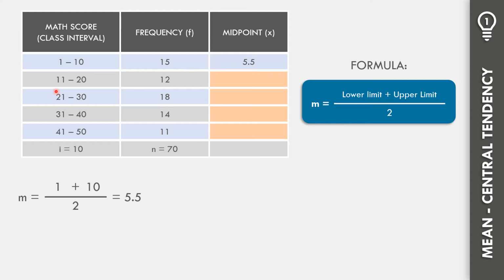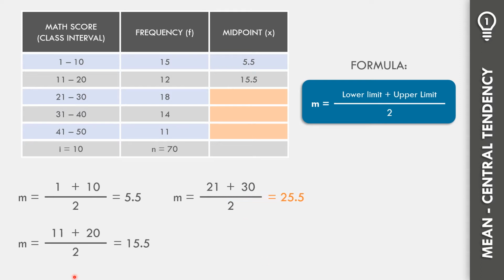In the next one, 11 to 20 class interval, the lower limit is 11, the upper limit is 20. 11 plus 20 is 31 divided by 2, that is equal to 15.5. Next, 21 to 30, the lower limit is 21, the upper limit is 30, so 21 plus 30 is 51 divided by 2, the answer is 25.5. 31 to 40 interval, the lower limit is 31, the upper limit is 40, 31 plus 40 divided by 2, the answer is 35.5.